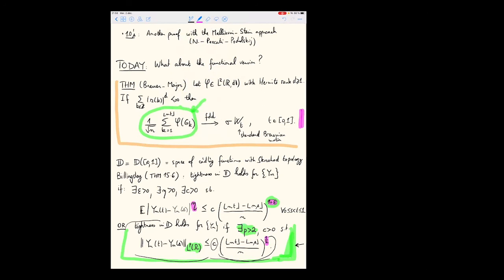You can still keep the 1/2 which is here, but it allows you to take p equals 2 here. So you are not in the critical case where p must be strictly bigger than 2. Here you can choose p equal to or even less than 2. And in this case, there is no difficulty in checking this tightness, because the process in the limit is more regular.